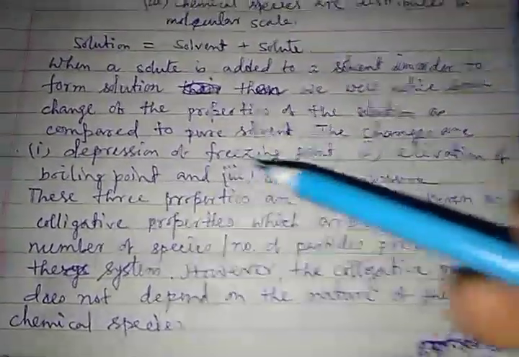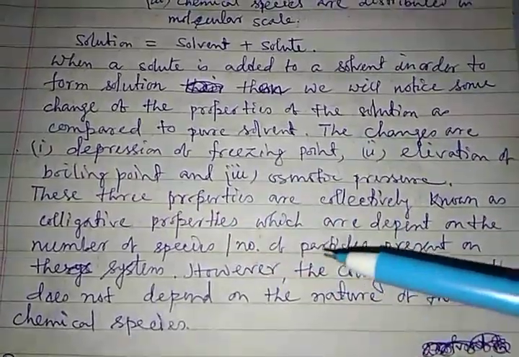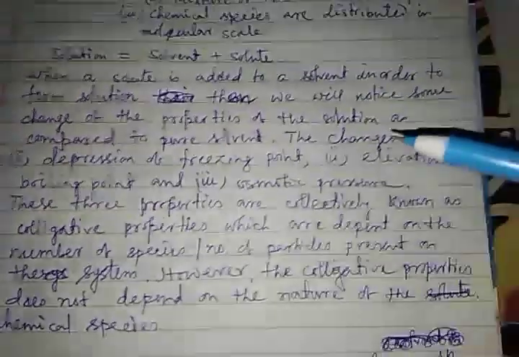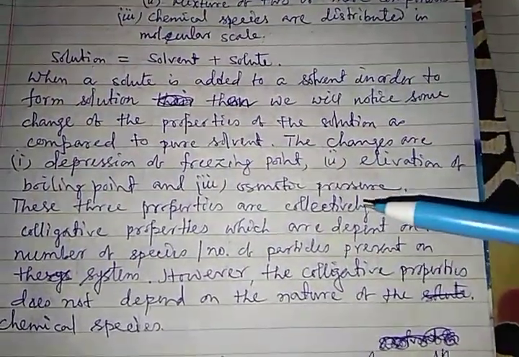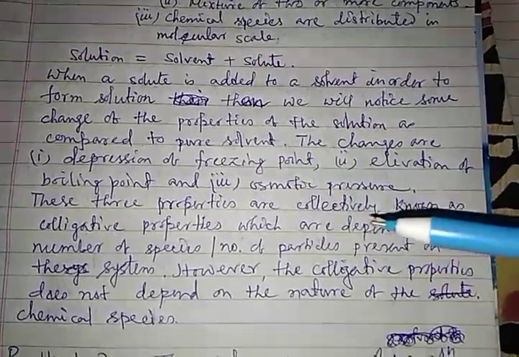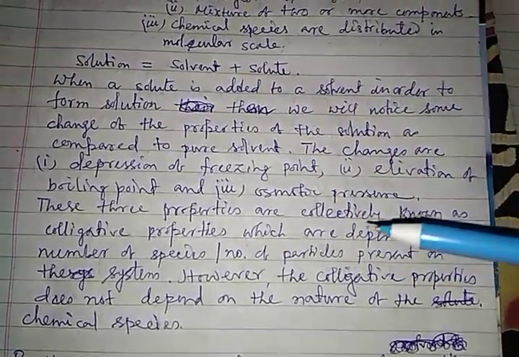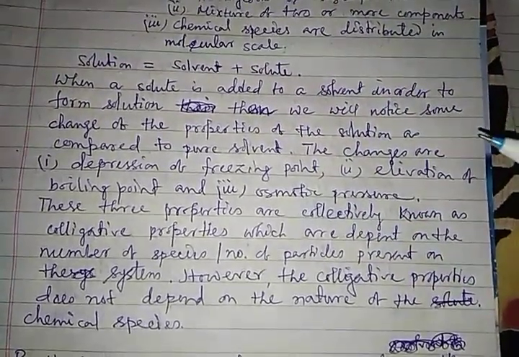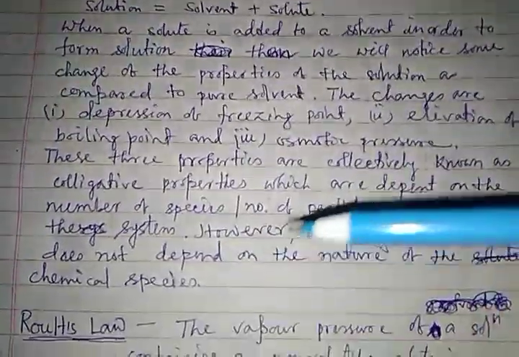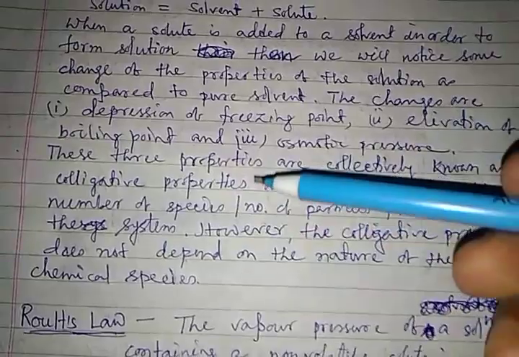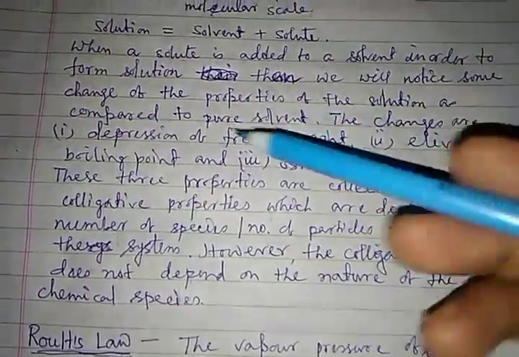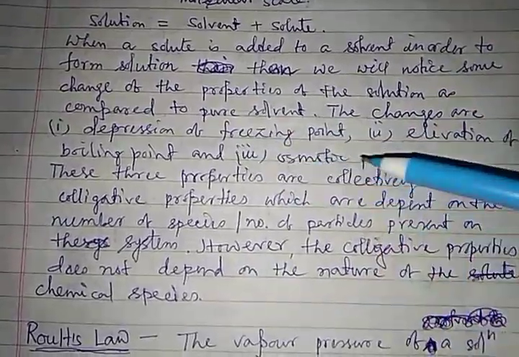These three phenomena together are known as colligative properties of the system, and they depend on the number of particles present in the system. These particles may be molecules, ions, or any type of molecular species. This number will influence the colligative properties, that is, these three properties of the solution.